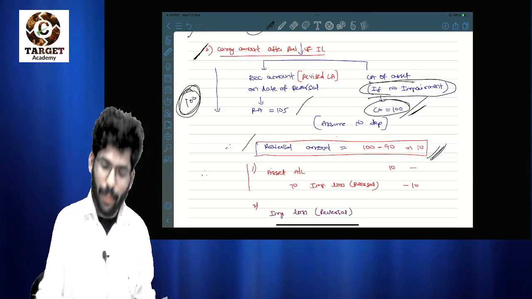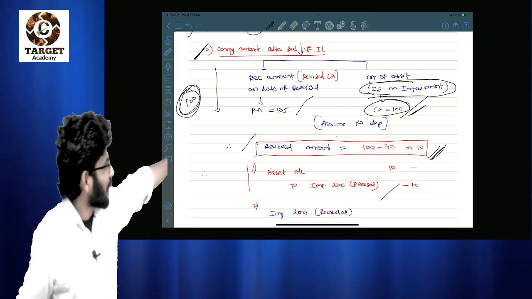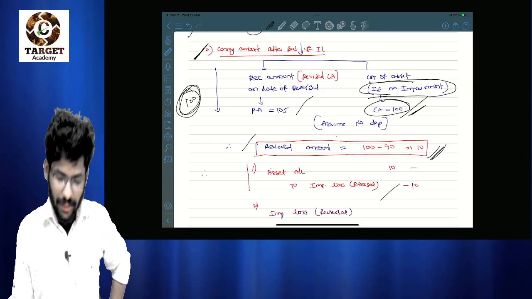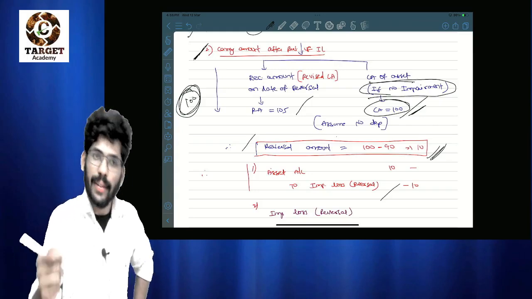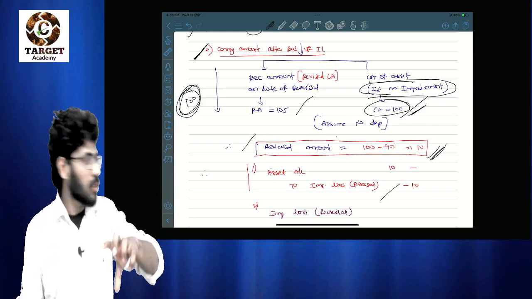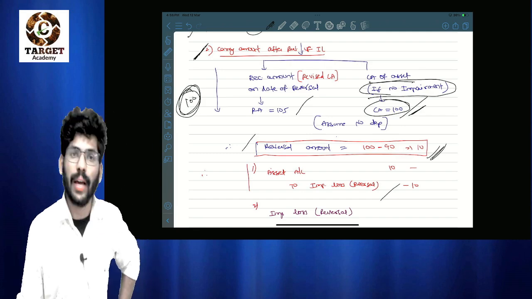So asset account debit to impairment loss reversal. It's a gain, whereas impairment loss is a loss. Impairment loss reversal is a gain, meaning the loss should be decreased. Correct or not?